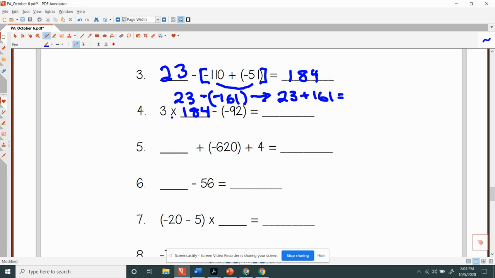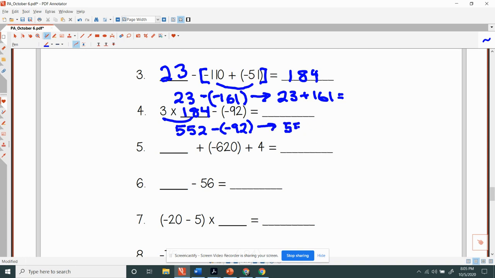So we have 3 times 184 minus a negative 92. First, we have to do the multiplication. So 3 times 184 is 552. Minus negative 92 can be rewritten when you subtract.